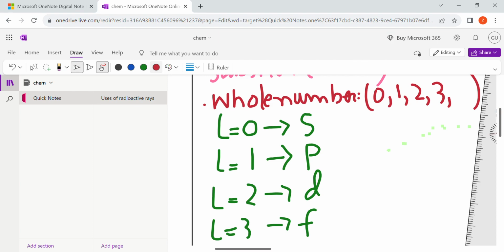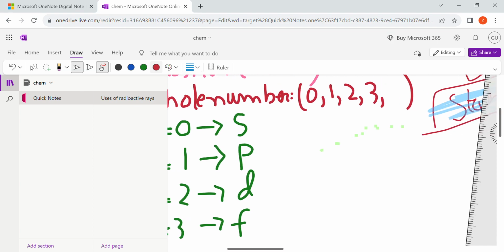Now we are going to take this L. For example, we are taking L, and the number of the shell or orbit is 2, so we are taking 2 in the subshell. What comes inside 2? 2s and 2p will come.